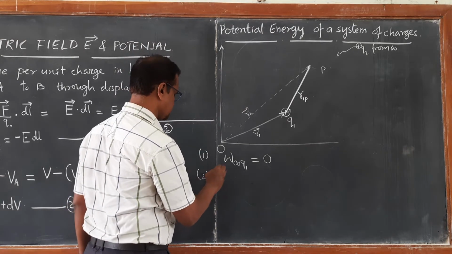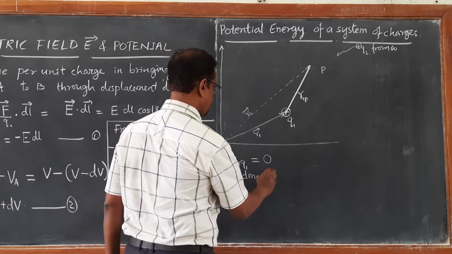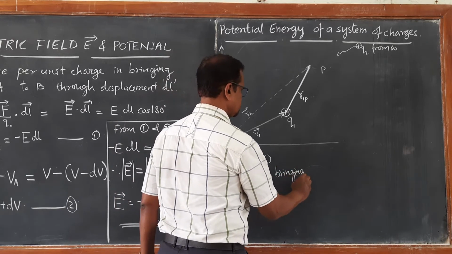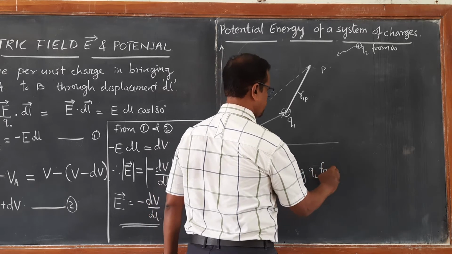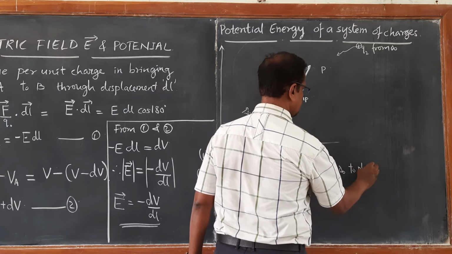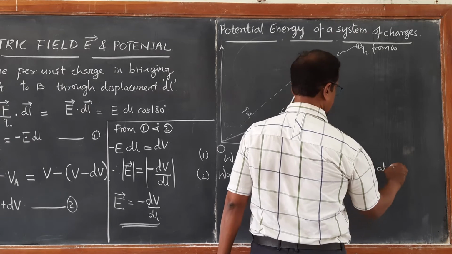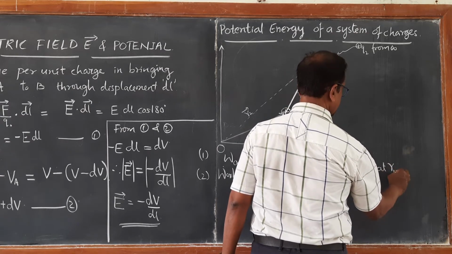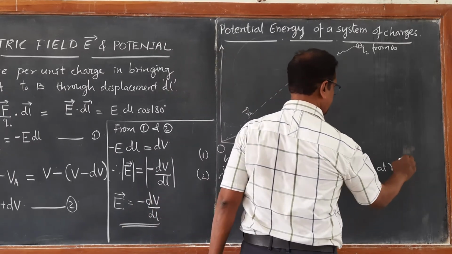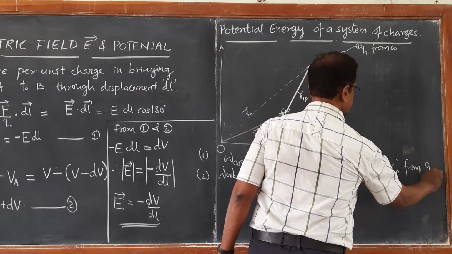Now I will calculate the work done in bringing Q2 from infinity to place it at distance R1P from charge Q1.